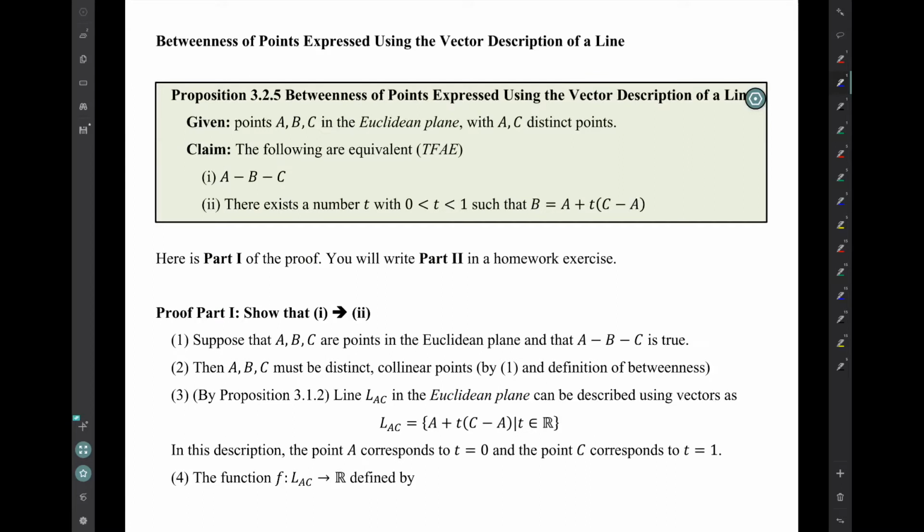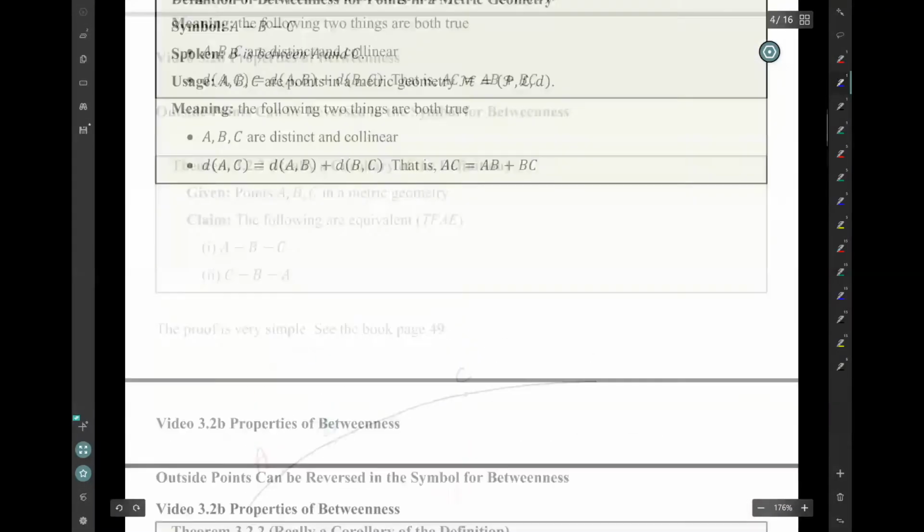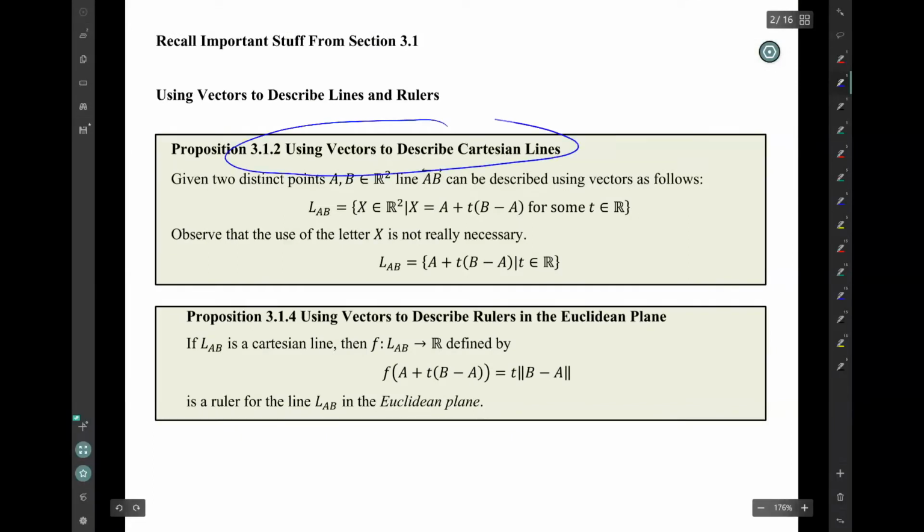Now, betweenness of points can be expressed using the vector description of a line. Now remember that the vector description of a line is available to us anytime we're talking about the Cartesian plane. When we're talking about Cartesian lines, we can describe lines this way. But we're going to be talking about betweenness.